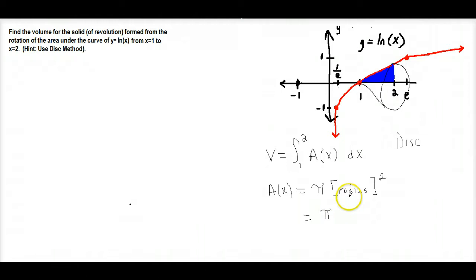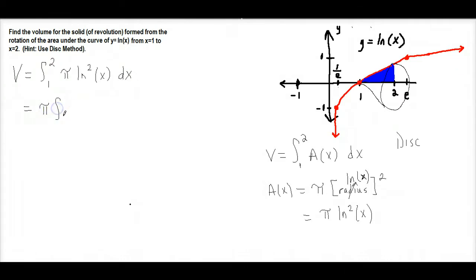So that would imply, if we replace the radius with natural log of x, then we would have pi times natural log of x squared as the area. So now that we know what we're working with, we know what we need to evaluate. So we do the integral from 1 to 2 of pi natural log squared of x dx. So this is the integral that we need to figure out.